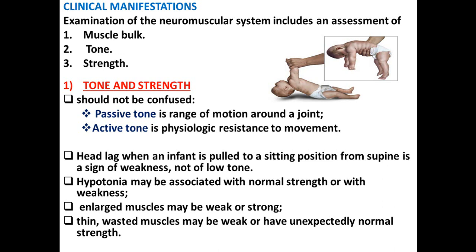Another important point is head lag: when we pull the infant from supine to a sitting position, there is sometimes head lag, which is a sign of weakness. It is not hypotonia, it is weakness. And hypotonia is sometimes associated with normal strength or with weakness.